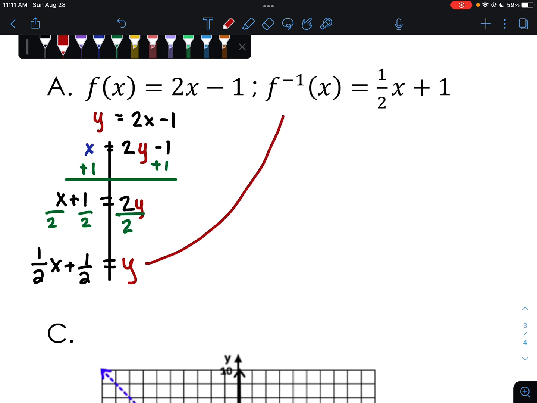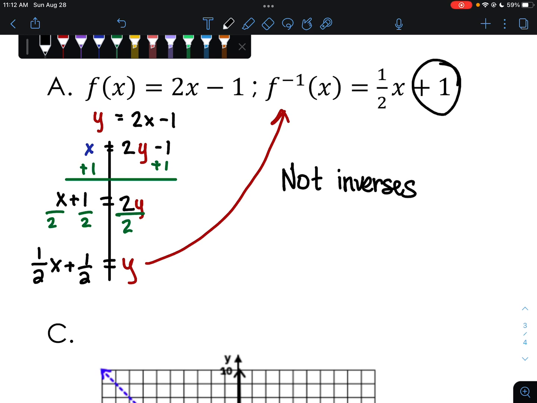Well, if I look at what I'm given, they are not the same. Since they are not the same, that means these are not inverses. If this would have been 1/2 right there, then they would have been inverses, but it's not, so they are not inverses.